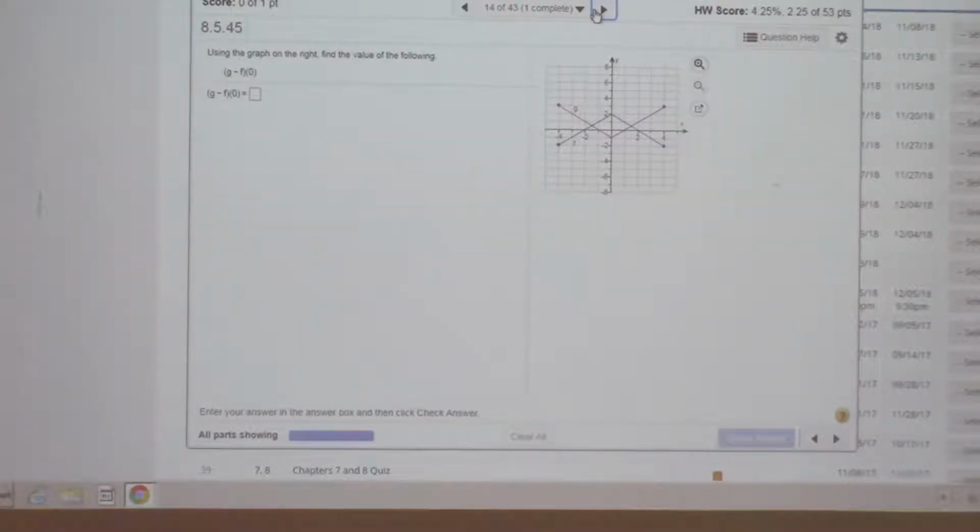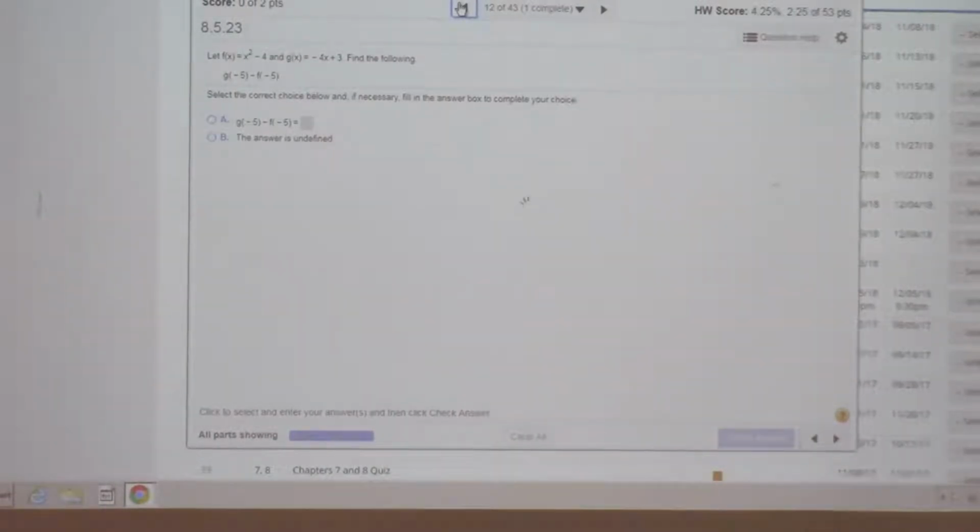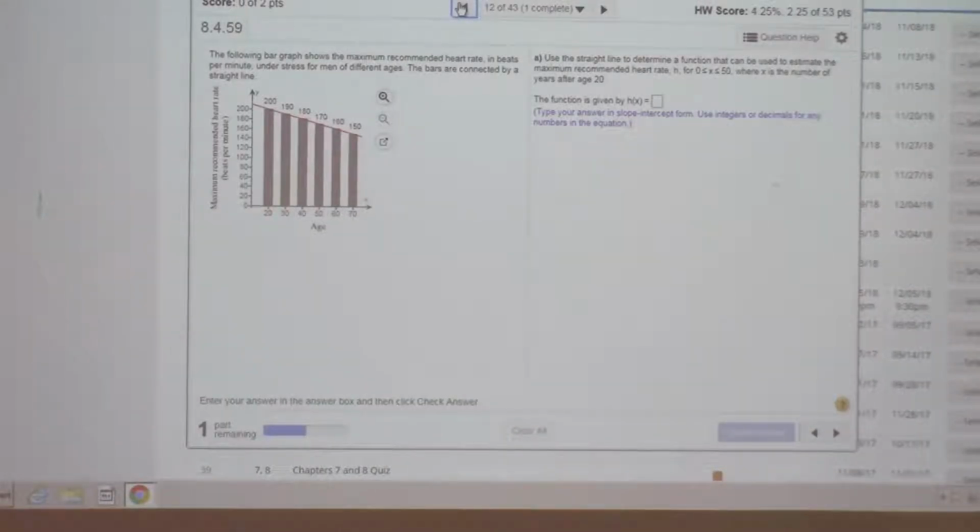Let's see. Number, this one looks familiar. Yup. All right.